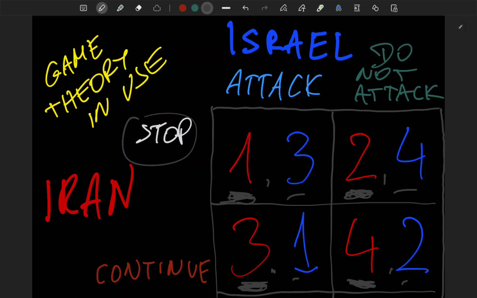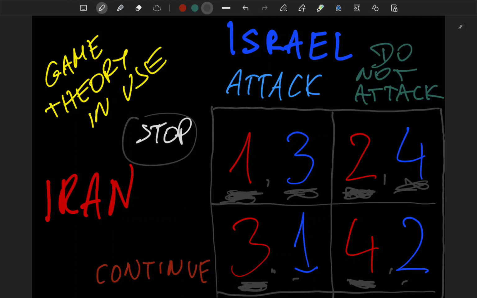On the other hand, Israel mostly prefers outcomes 3 and 4 as compared to outcomes 1 and 2, as Iran's stop decision leads to the realization of Israel's main objective. Iran does not become a nuclear power.